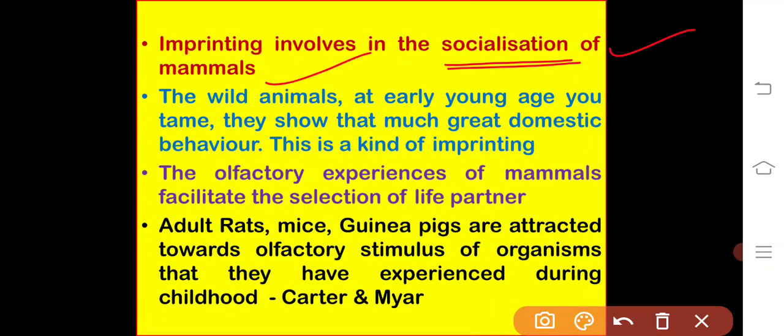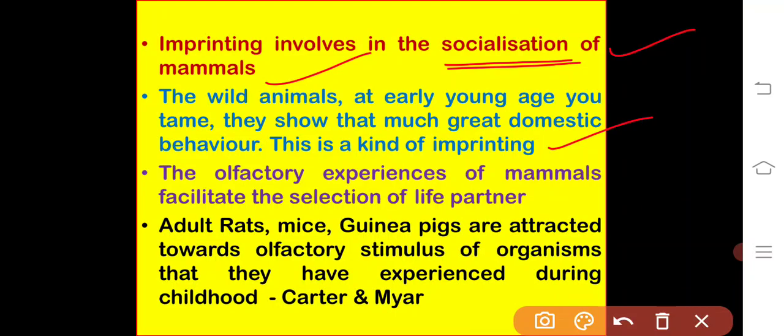As the age advances, if you tame them, the domestic behavior is comparatively less than if you tame them in the young age or early stage of development. So this is also one kind of imprinting. High domestication of early animals, if you tame them, is also one kind of imprinting.